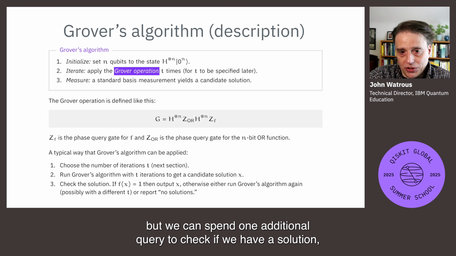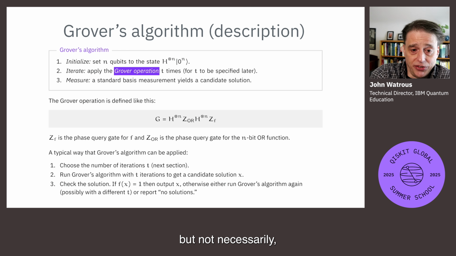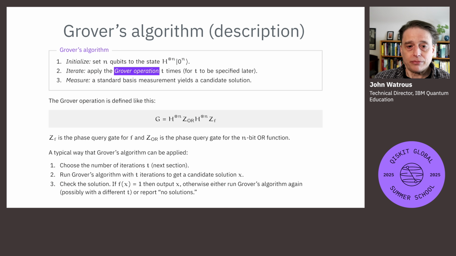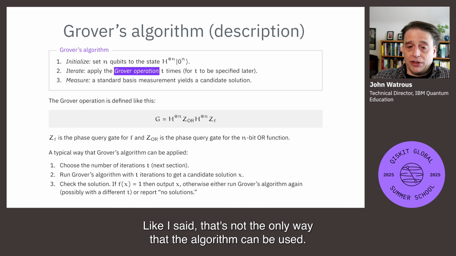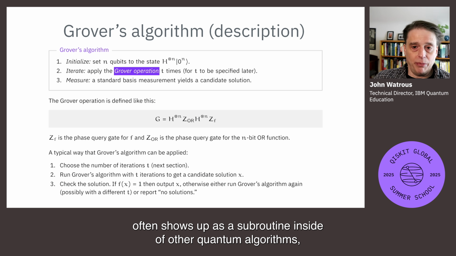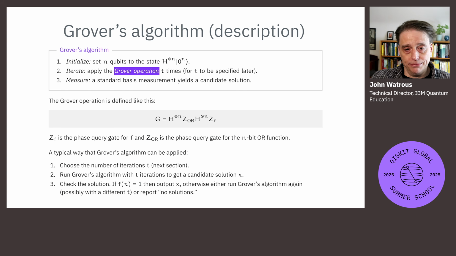If we have a solution, then we can output it and stop. Otherwise, we can try again, possibly with a different choice of t, but not necessarily, or we can give up and report that there aren't any solutions. Like I said, that's not the only way that the algorithm can be used. For instance, Grover's algorithm often shows up as a subroutine inside of other quantum algorithms, but this is a natural way of applying it to the search problem.